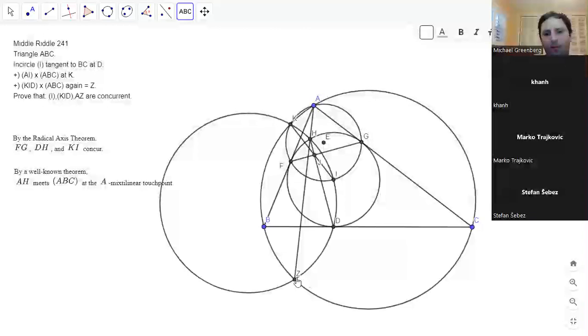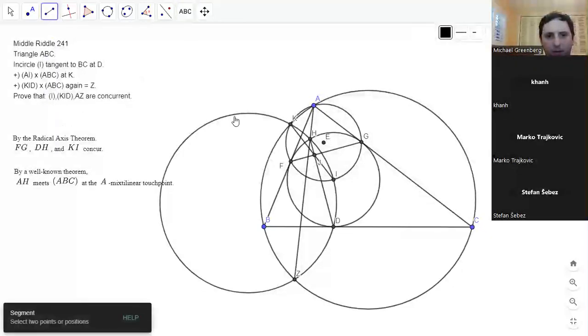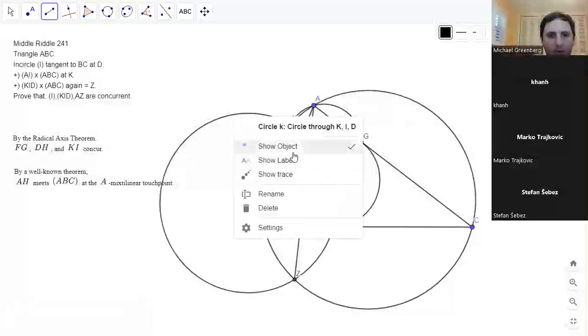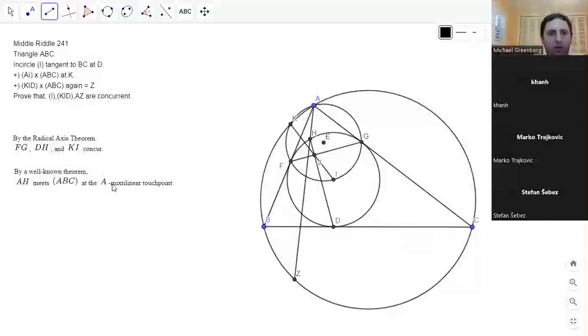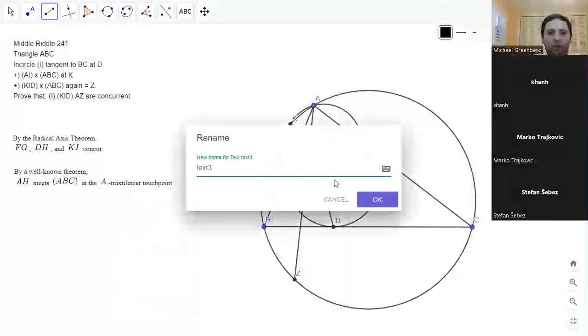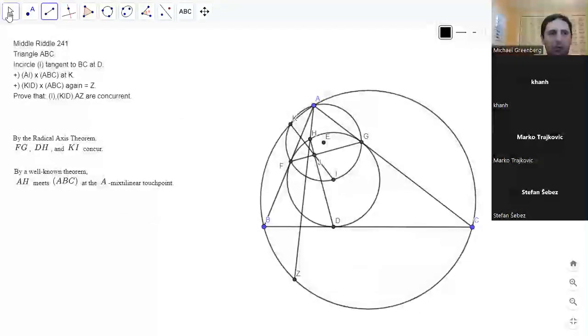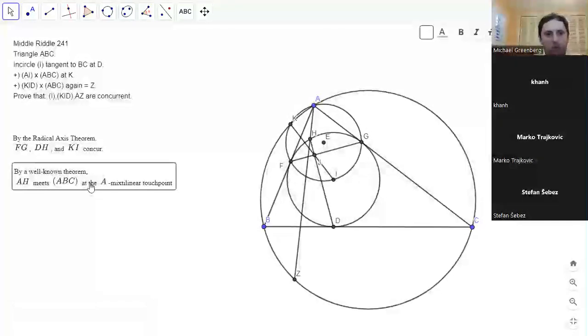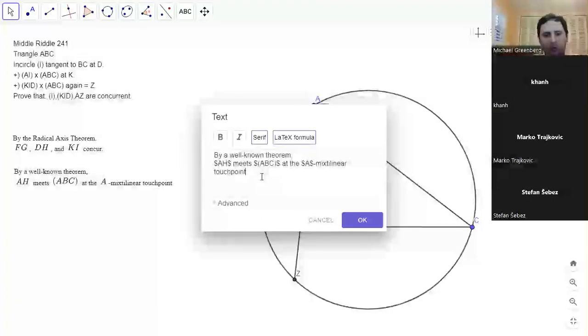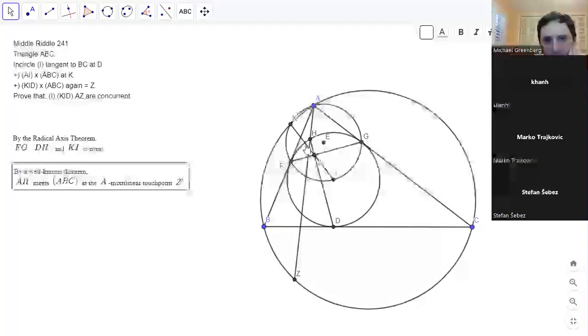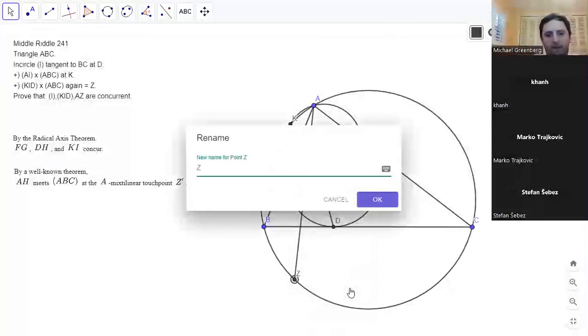And then, yeah, it's not hard to show that that's cyclic by an angle chase. Let's think about that for just a second. I'll say Z prime. And we want to show KIDZ prime is cyclic.